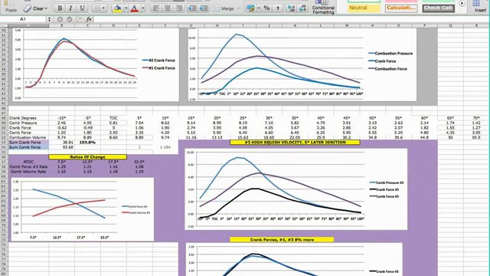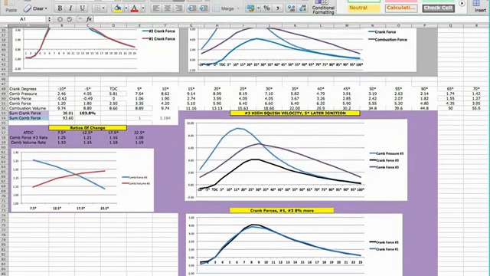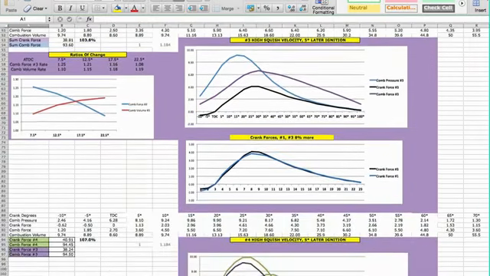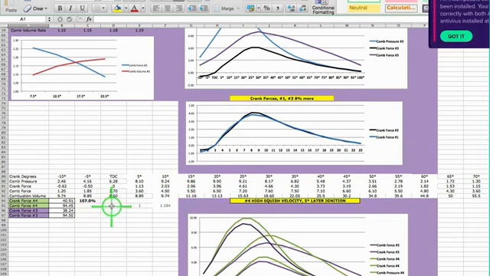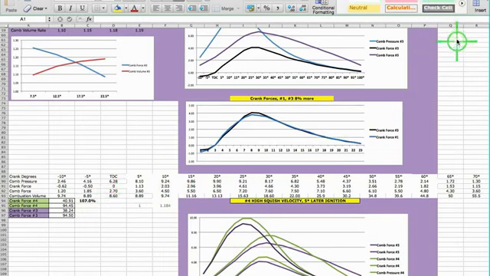So let's compare that, and we have that right here, and the difference is a 7% increase in overall power at the crank.